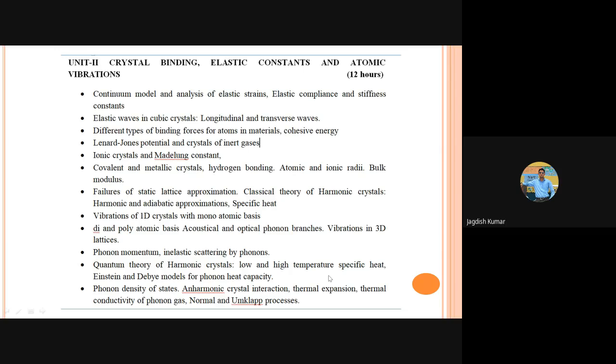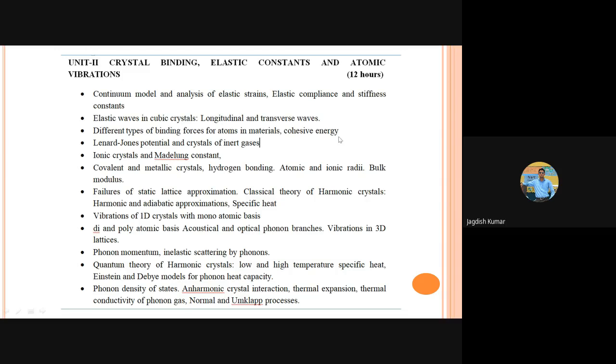Although atomic vibrations have a lot of other important roles also, like they act as a mechanism of resistance for the flow of electric current. They have some role in thermal resistivity as well, and so on. So we will be talking about thermal resistivity, not in great detail, but in brief.